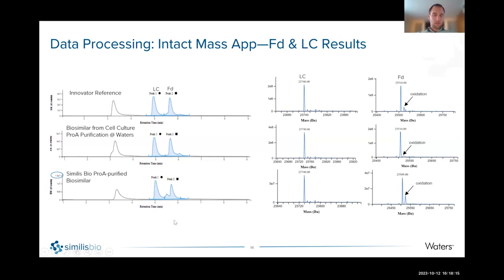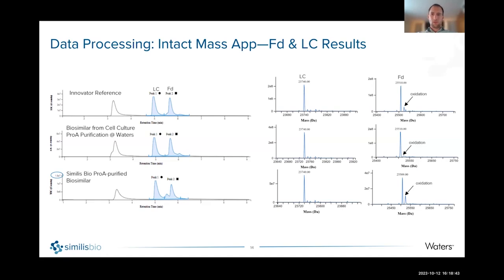So we knew from the sequence that there was a methionine 34 and a methionine 105, both of which are critical in this particular case because they're in the CDR domain, and so they will impact binding. But because we are doing a fabricated digest, we don't have the site-specific details on where that oxidation event occurred.